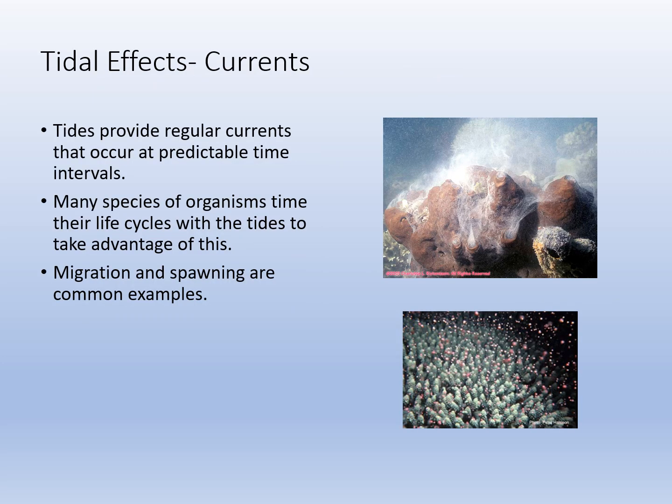You can see the sperm being released by the sponges in the top image, and then in the lower image, coral releasing their eggs. They do this on tidal cycles because the more water movement, the more the plankton move and the greater the mixing of the sperm and the eggs from the different organisms.